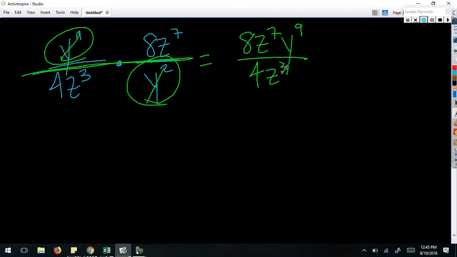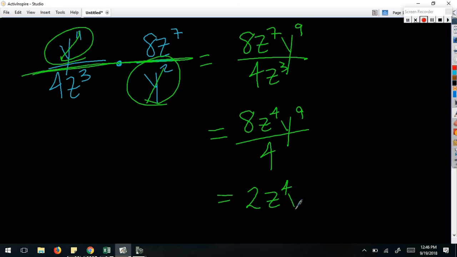What do you see now? The z's. I've got 7 z's up top and 3 z's in the bottom. How many z's does that leave me? 4 on the top. Do you see anything else you can do? Yes. The 4 and the 8, I can simplify those just like any other fraction, and I can get 2z^4y^9. And I'm done. Not so bad.